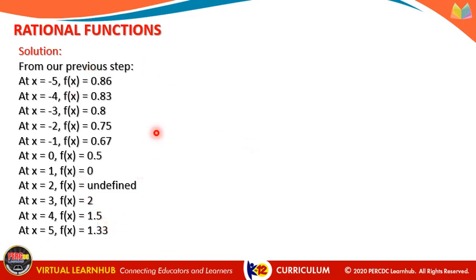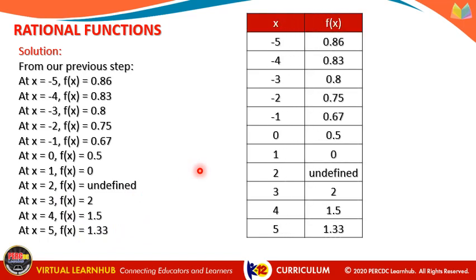Let's arrange them in table form. Again, ilagay natin yung values ng x sa first column at yung values ng f of x sa second column. We will get this one. So, -5, -4, -3, -2, -1, 0, 1, 2, 3, 4, 5, and their corresponding values.